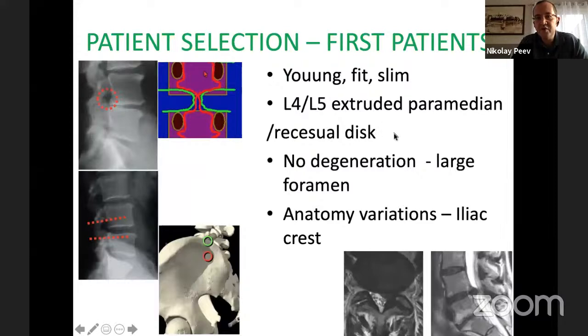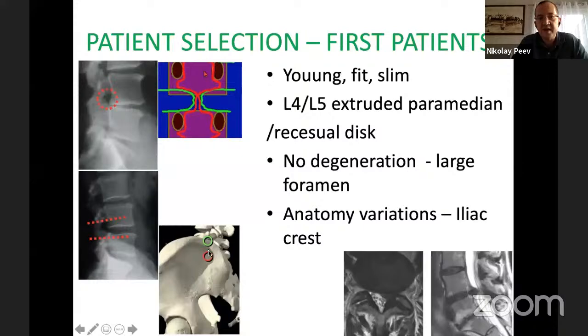Ideally, you have to select for your first cases L4, L5, a large extruded disc, which ideally should be paramedian or recessive disc. You should consider a case which has not so much degeneration, and that will give you good foramen width, and that will allow you to place your instruments and still not injure the exiting nerve root.